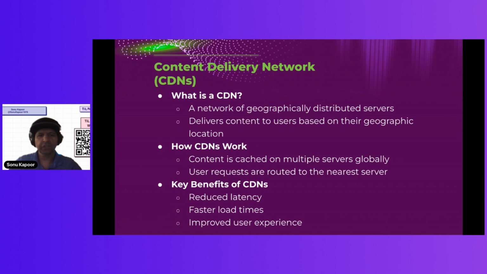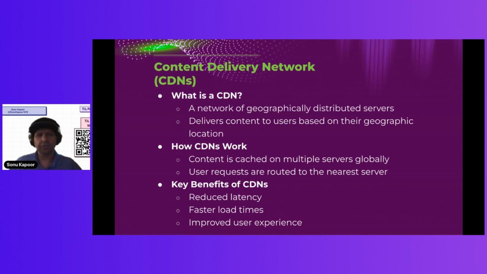So essentially, a CDN is a network of servers that are strategically placed around the globe. So the idea is to have copies of your content, like images, scripts, style sheets, and even videos stored on these servers. Now, when a user accesses your website, the CDN routes their request to the server that is geographically closest to them.